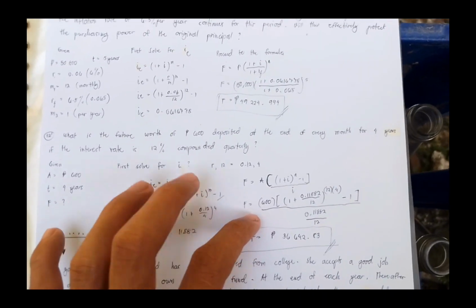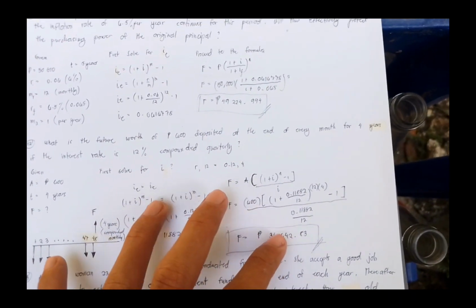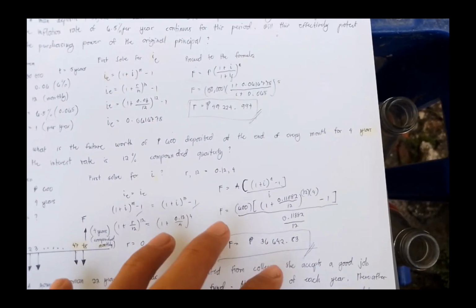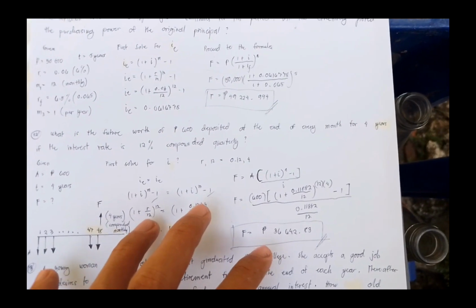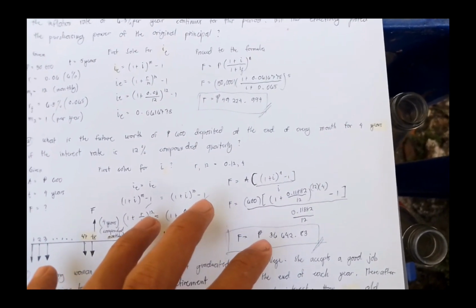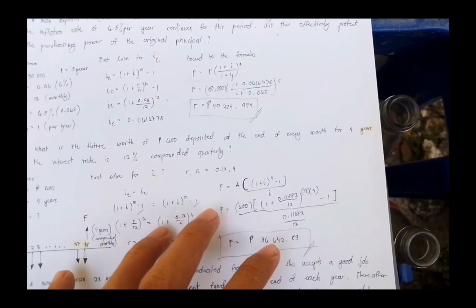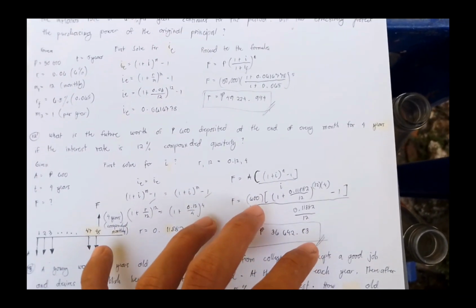So simply substitute. Formula, effective rate is equal to effective rate, then the formula. Then cancel out 1, negative 1, negative 1, 1. Then 1 plus R over 12, quantity of 1 plus R over 12 raised to 12 is equal to 1 plus 0.12 over 4 raised to 4.